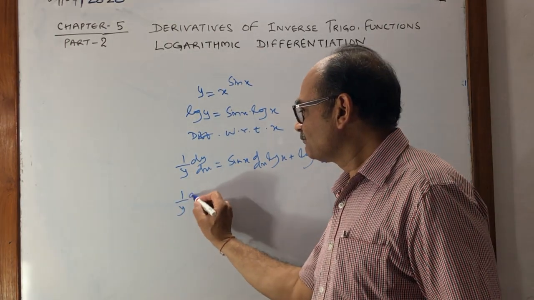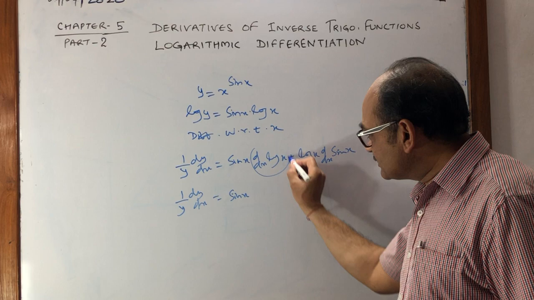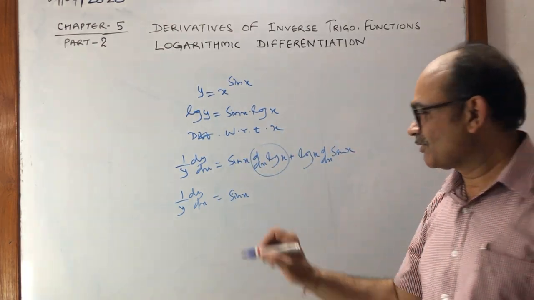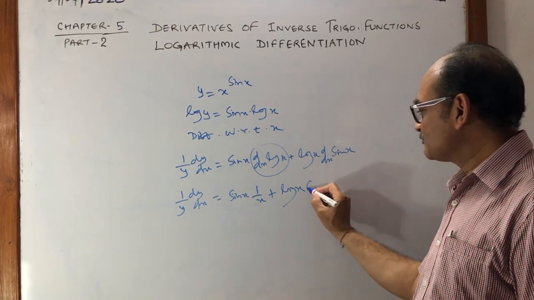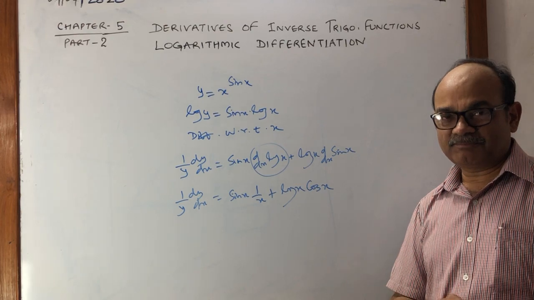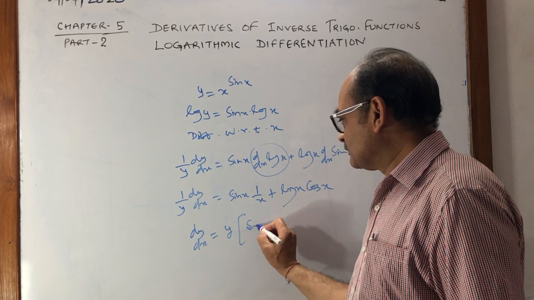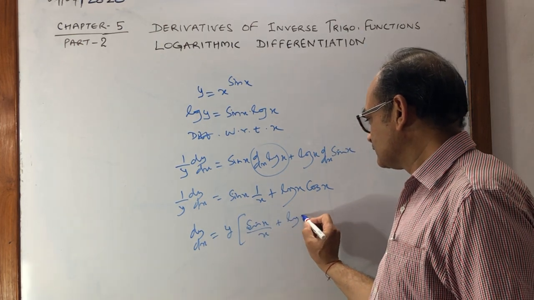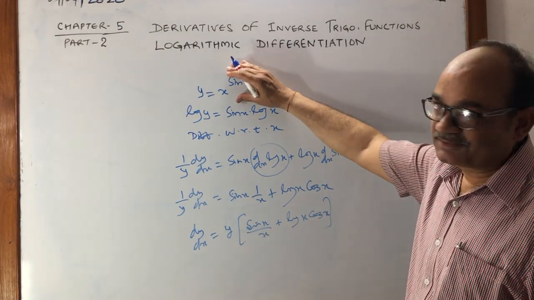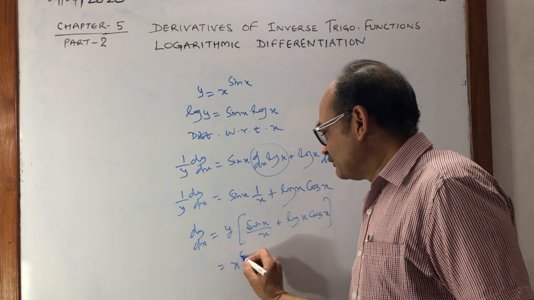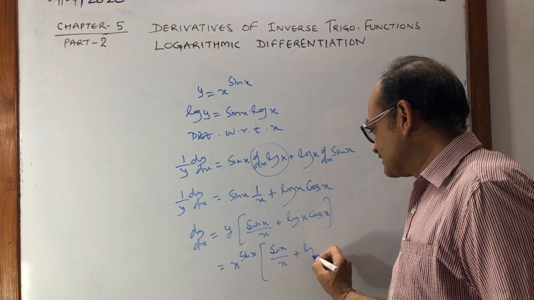So 1 upon y dy by dx equals sin x constant, d by dx of log x, you know, 1 upon x, log x as it is, and d by dx of sin x, you know, cos x. But our aim is to calculate dy by dx. So dy by dx equals y times sin x upon x plus log x cos x. What is y? Y means the question. So here in the last step, you can substitute the value of y and get the final answer.